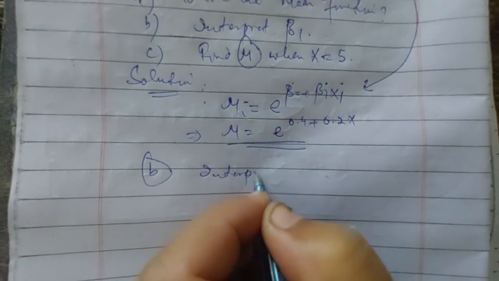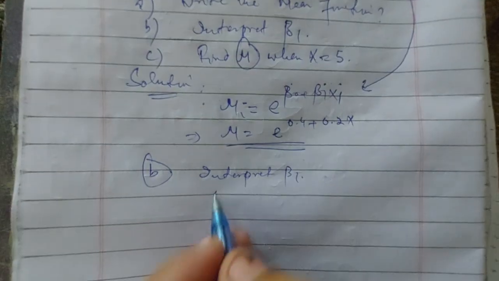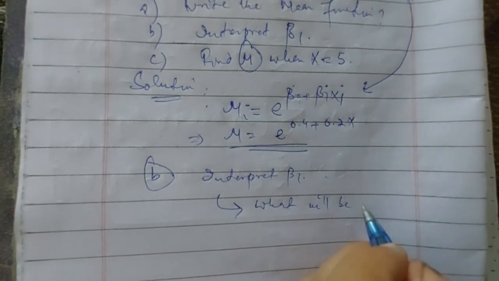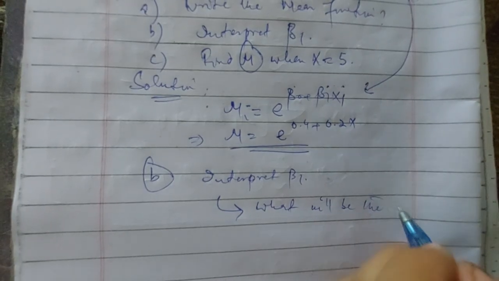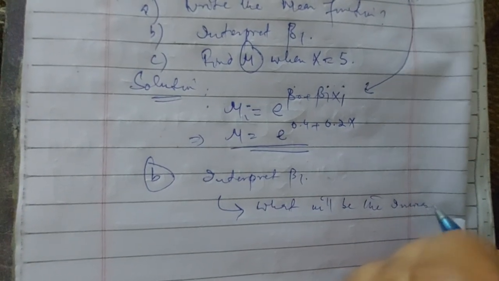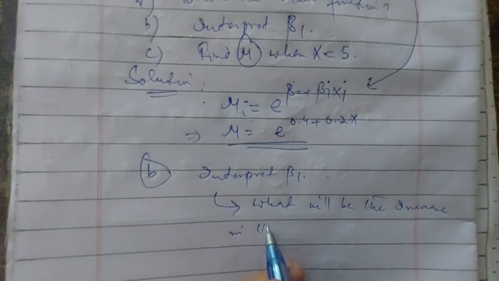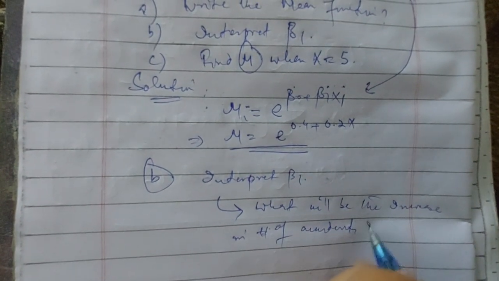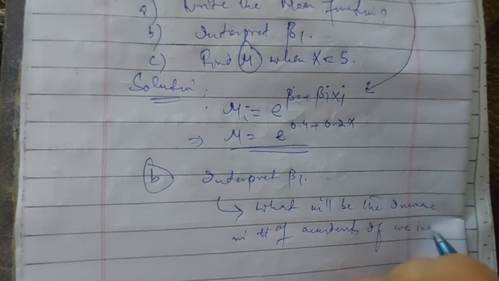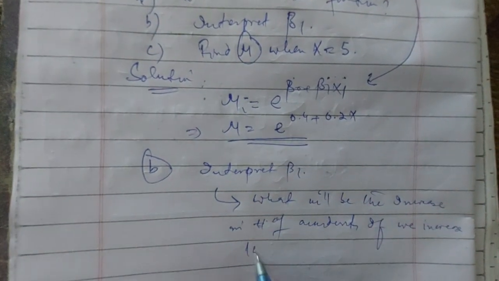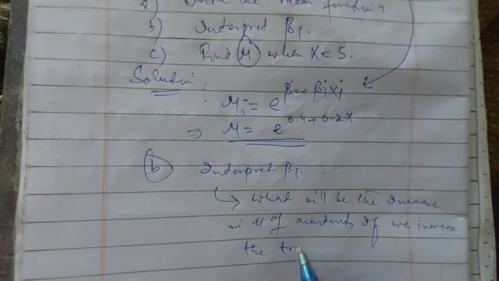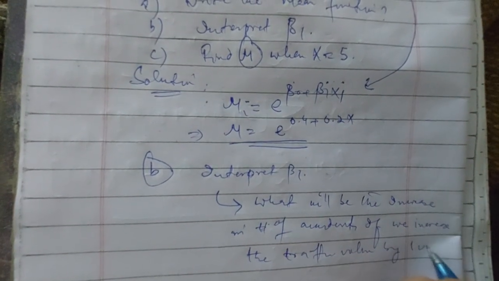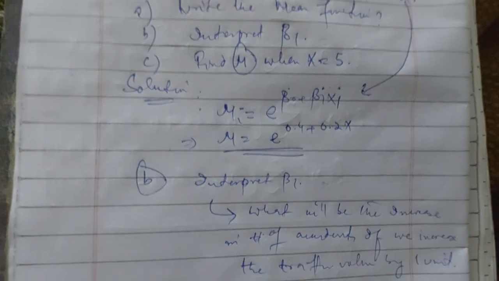Interpret beta 1, which means what will be the increase in the number of accidents if we increase the traffic volume by 1 unit.